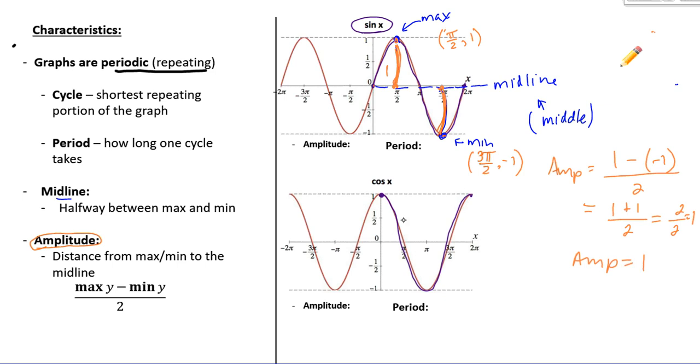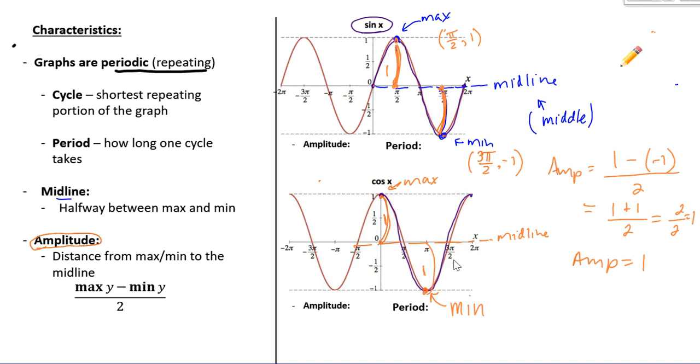Now, if you look at the cosine graph, the same thing applies from the midline. Here's the max, here's the min. The distance from that midline, which starts at 0, up to that maximum is 1. From the midline down to the minimum is 1.